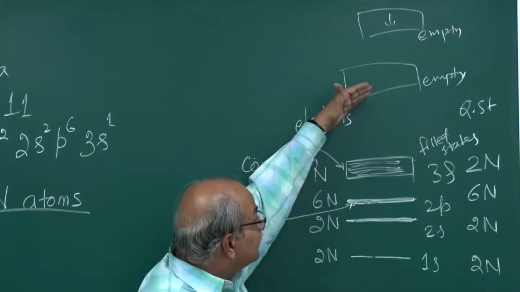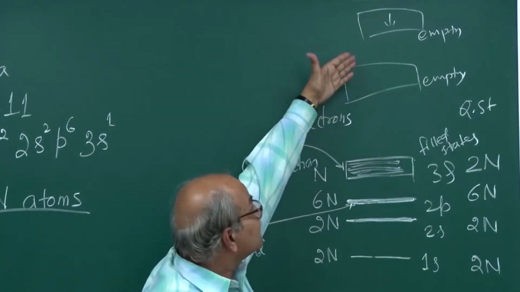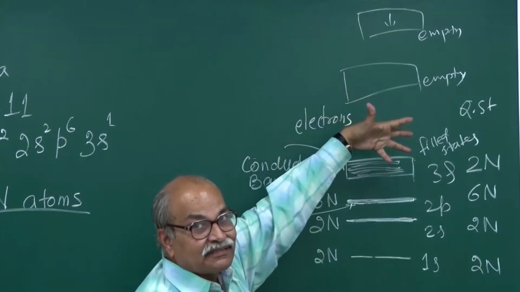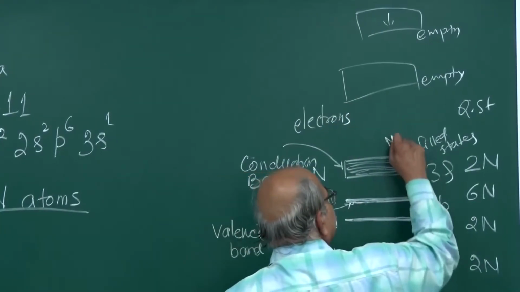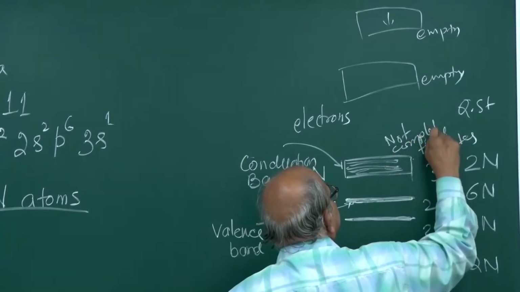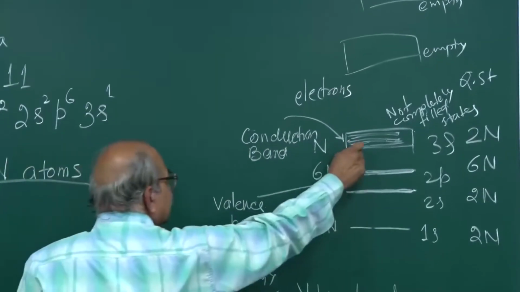So, the last one coming from top, the last energy band which is not completely filled, will be called the conduction band.